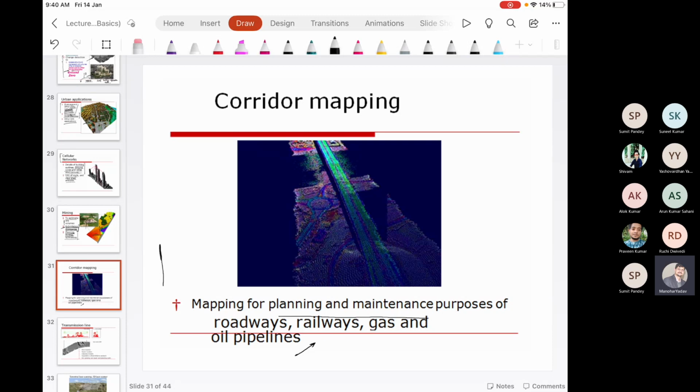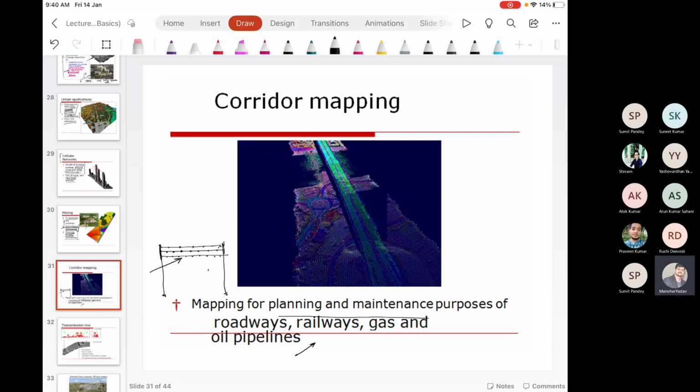Let's say this is an electric pole and we have a next electric pole. By using laser scanning, we get the coordinates of various points from the power lines.